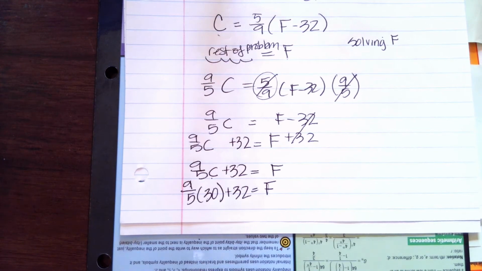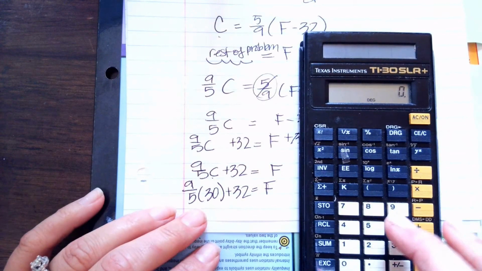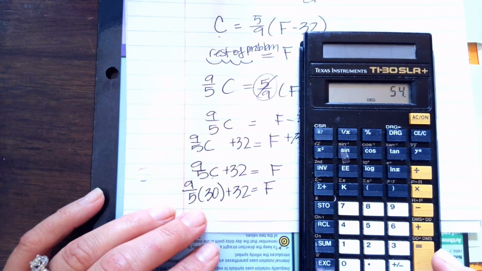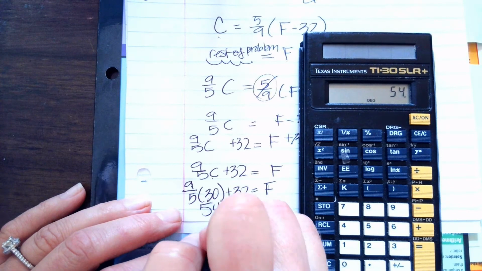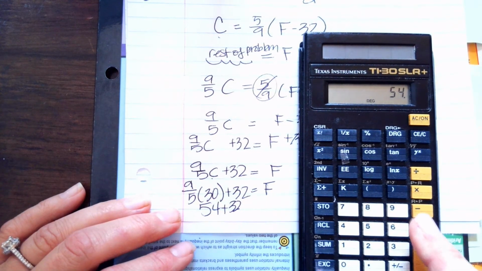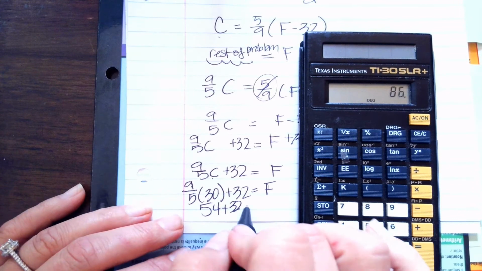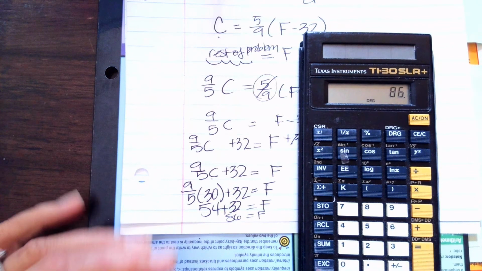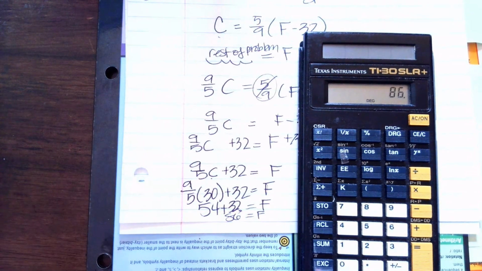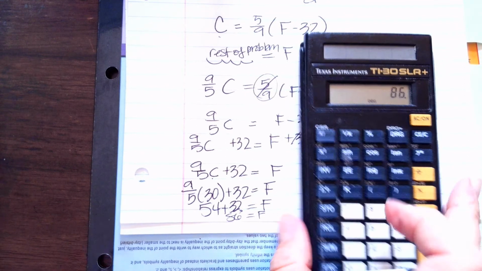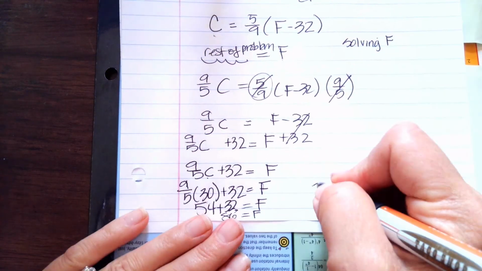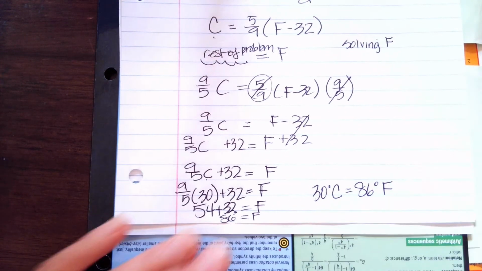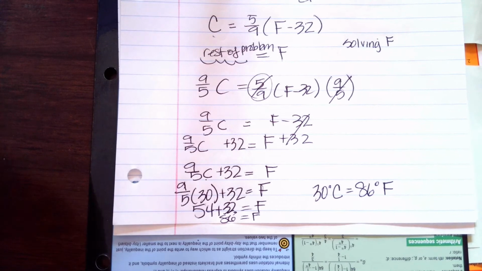And then we're going to take our calculator and we're going to do 9 times 30 divided by 5 is 54, plus 32, which equals 86, and we know that's always in degrees. So basically what they're saying is 30 degrees Celsius equals 86 degrees Fahrenheit. Okay.